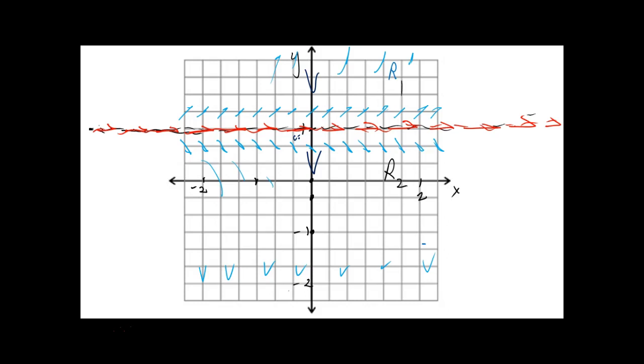Now, the one that they've drawn here, if I'm reading it right, is dy/dx equal to 2 over y minus 1. So obviously y equal to 1 is an asymptote here, and everything seems to be going away from that.